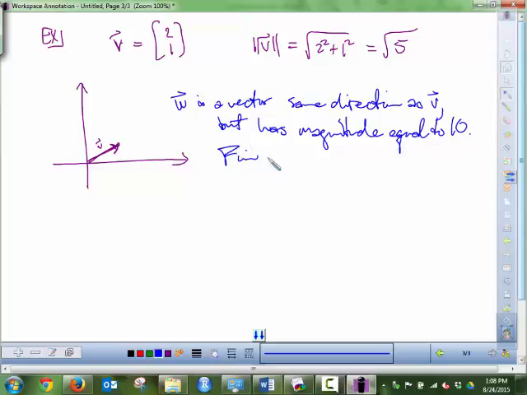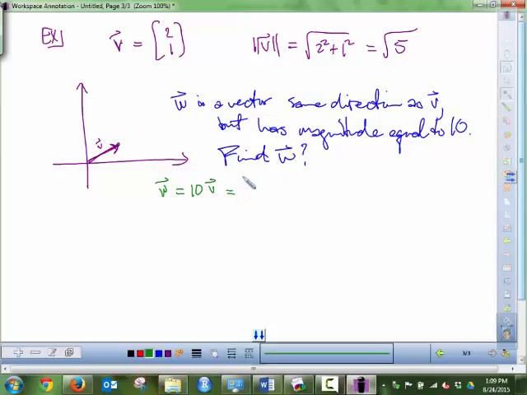So how are we going to find w? What I would think about really quickly, if I didn't think about this too hard, is I would just multiply v by 10, right? So how about w equals 10v? Is that going to work?